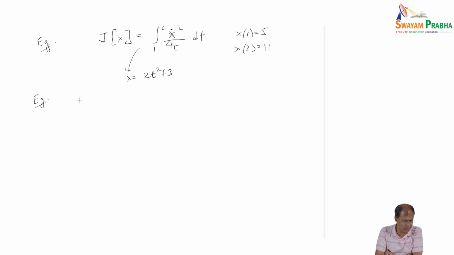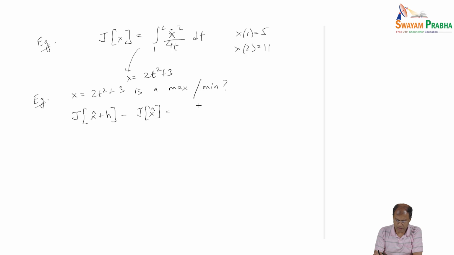The next problem says we have to check whether the answer to this previous problem is a max or a min. Essentially we have to find whether J of x plus h minus J of x is non-negative.